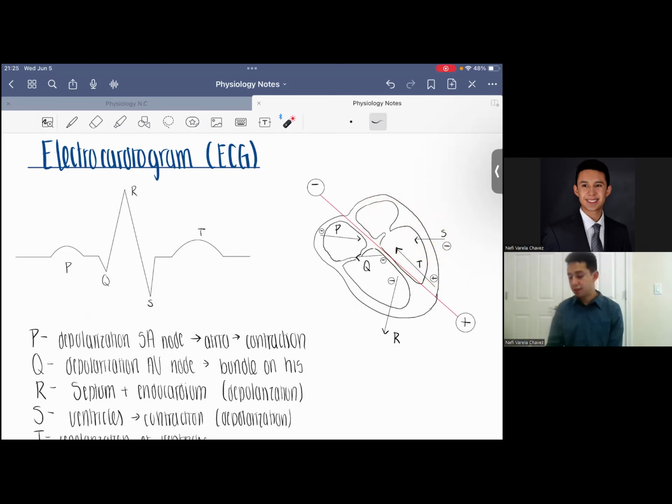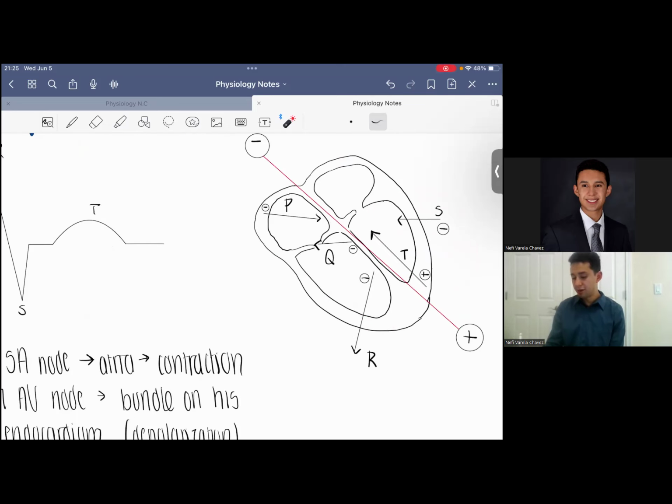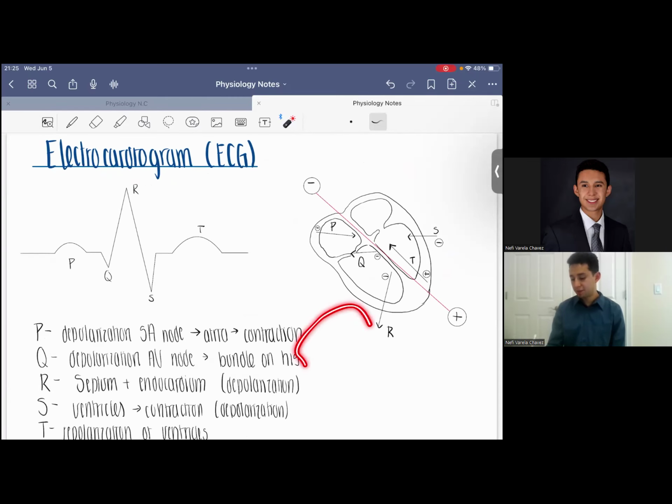Okay, so S, and again, the apex. And so negative going to negative, down. And this one is going to be an outlier, a little bit different compared to the others. We're going to have a positive charge because we are hyperpolarizing with the T wave, and we're going to be going from the apex to the rest of the heart, from the bottom to the top. So positive is going to negative now, and that's going to be a T wave. It's going to go up.